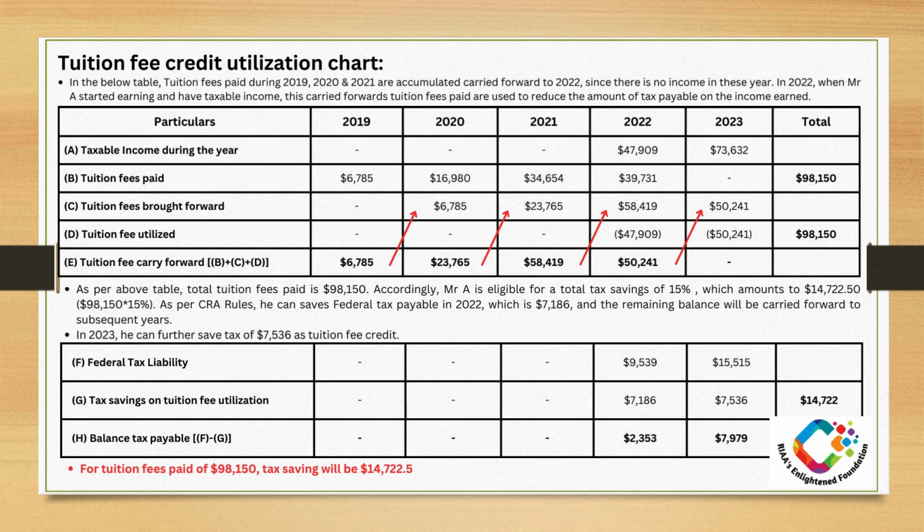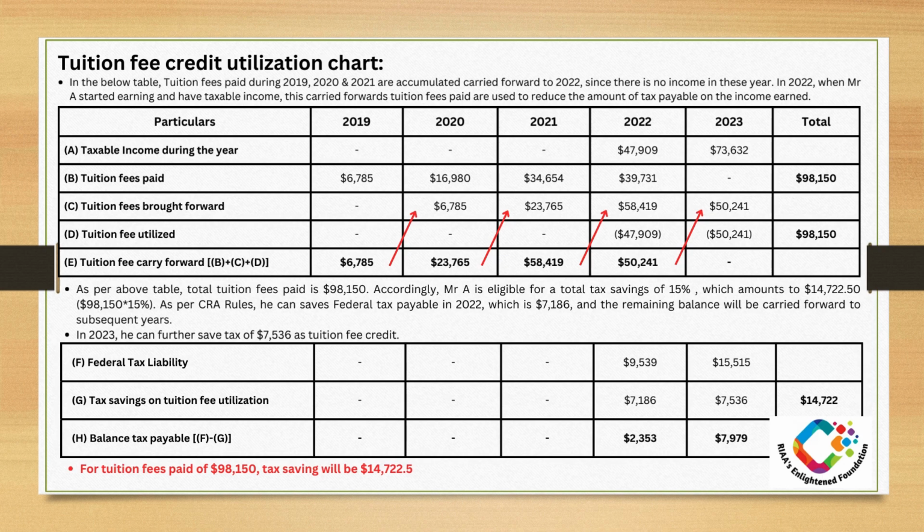Now in 2022, Mr. A paid $39,731 towards tuition fees, with the carry forward balance from the previous year standing at $58,419. However, his employment status changed, resulting in an income of $47,909. Now, this income was offset against his total tuition fees paid, resulting in a remainder of $50,241, which was carried forward to 2023.